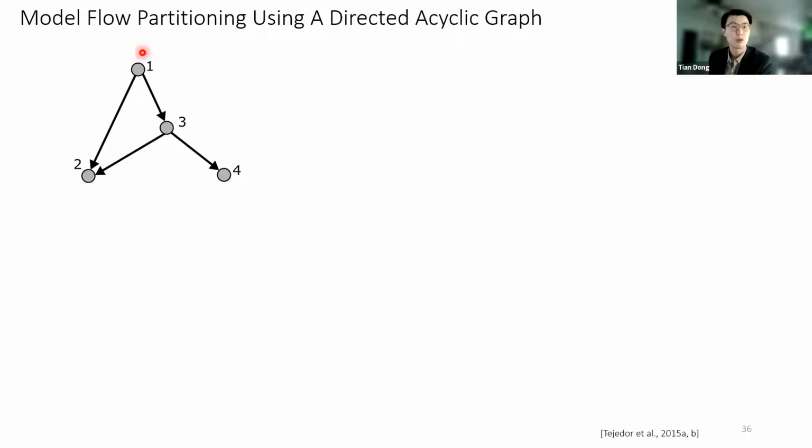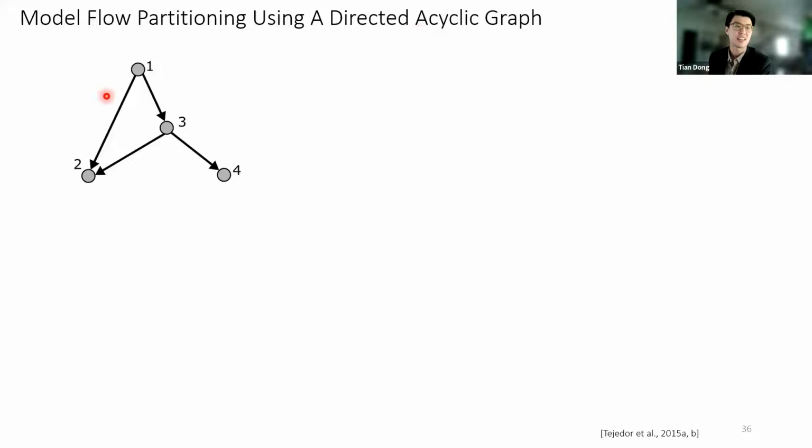To explain this very quickly, I'm showing a very simple graph here with 4 nodes, 1, 2, 3, 4, and they're connected by 4 edges, shown here. And directed means that there's a direction of information flowing. So we know information is flowing from 1 to 2, indicated by the arrow here.